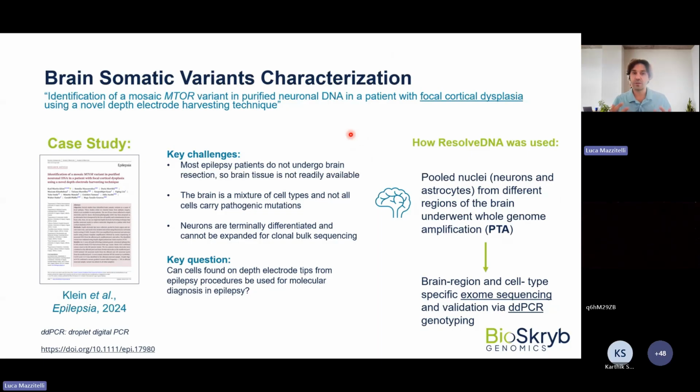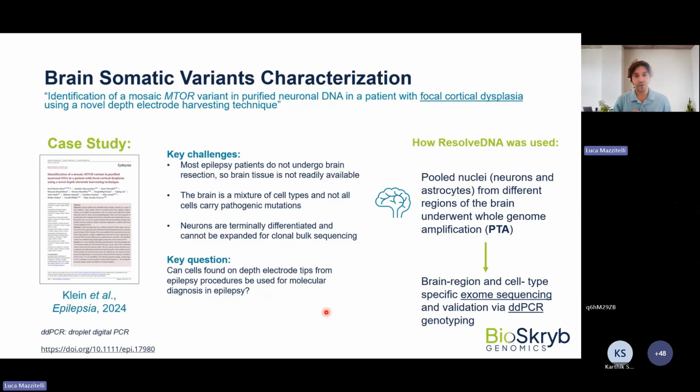It's not only a single cell approach, this approach can also be used to amplify whole genome from a small amount of cells, like from 5 to 30, 50 cells. We call these pseudo bulk or mini bulk, where in this case, the researchers wanted to characterize some specific mutations in targeted genes in patients with epilepsy.